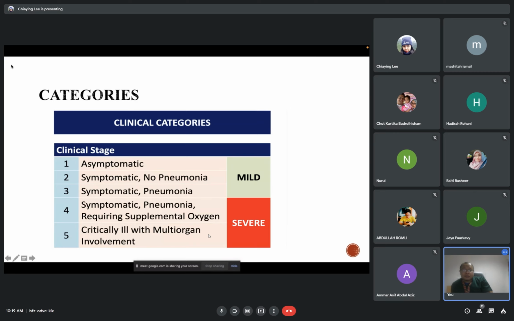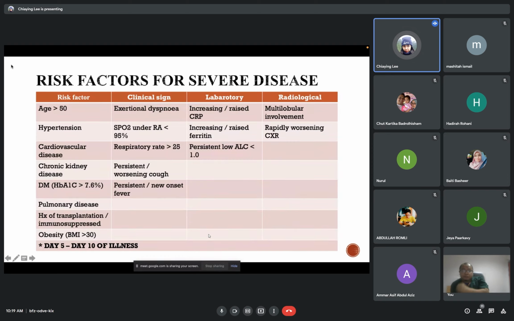Okay. Carry on. Okay. So there are some risk factors which indicate severe COVID-19 disease. These are the risk factors and signs that we have to watch out for when we see the patient.